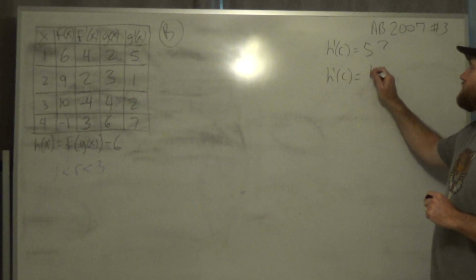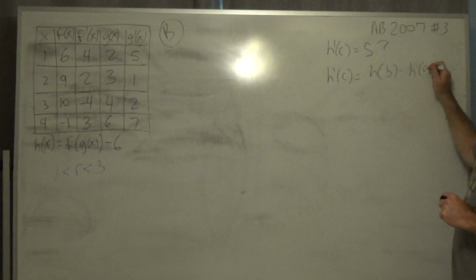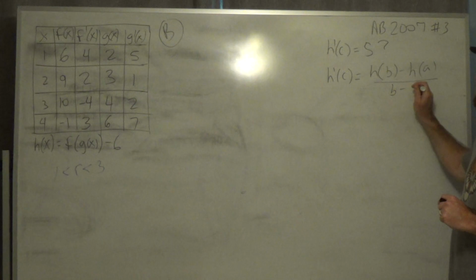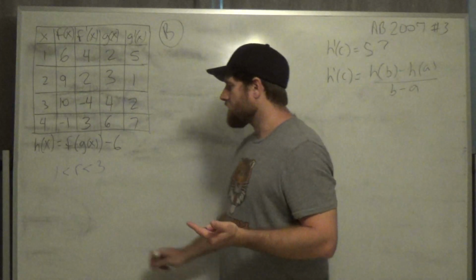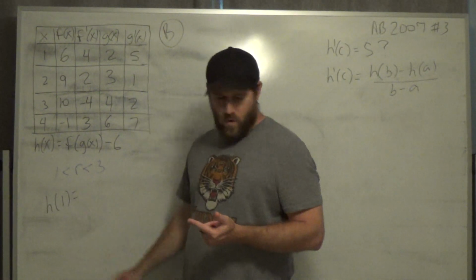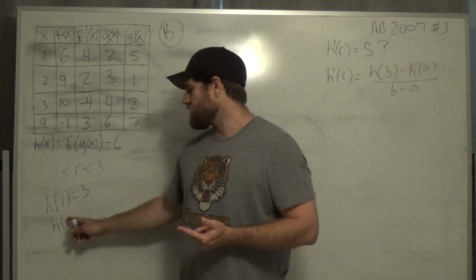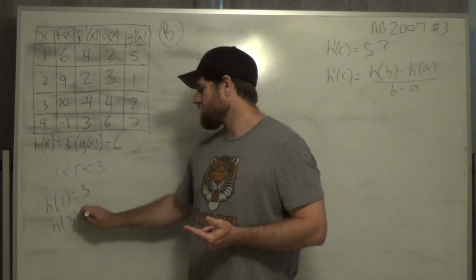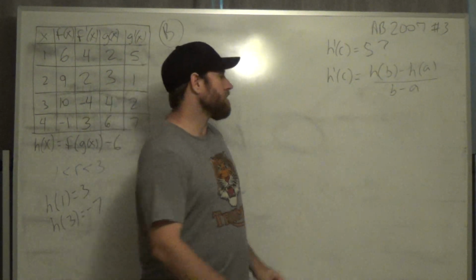H prime C would be H of B minus H of A over B minus A. And we actually can go, I shouldn't have erased that. We found out H of 1 was 3 and H of 3 was negative 7. That's what I need for the mean value theorem.